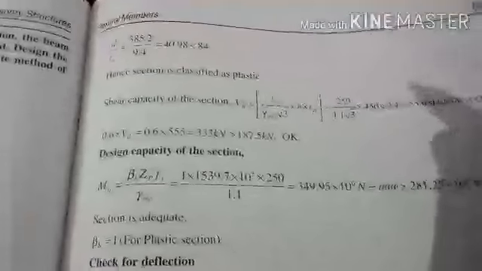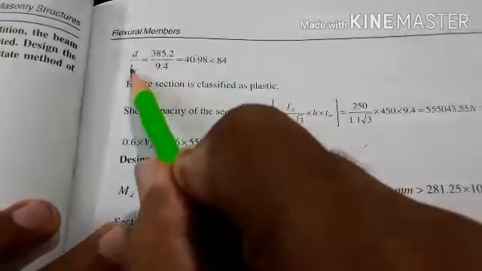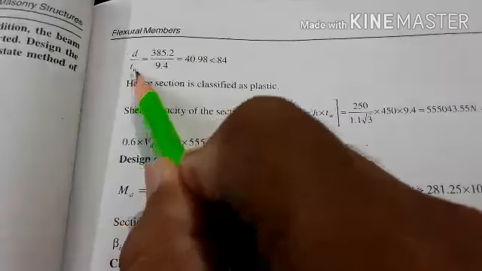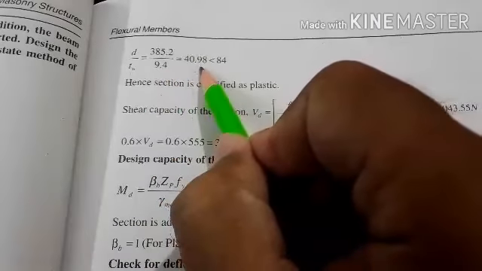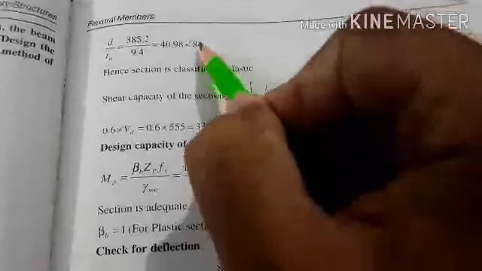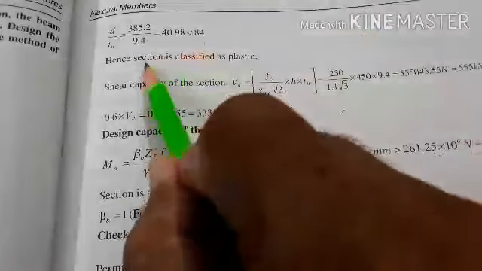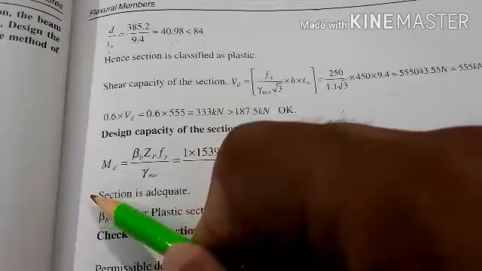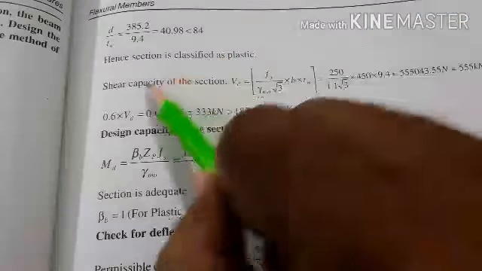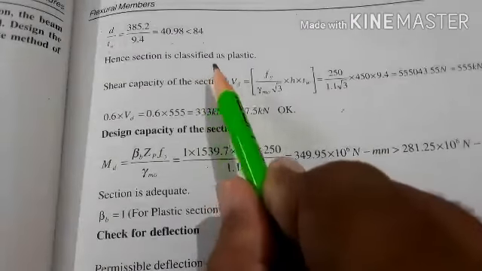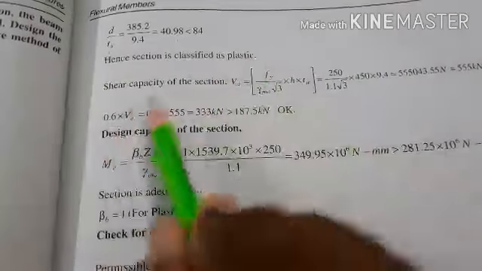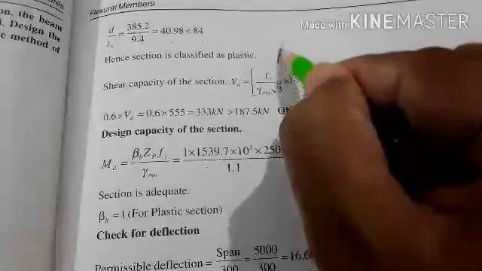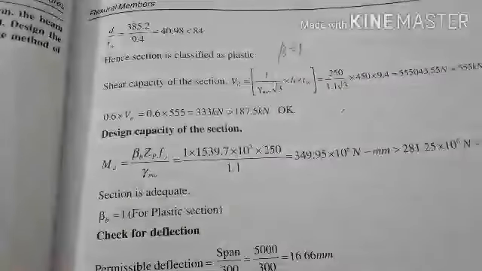Similarly, calculate the depth to thickness ratio for the web. Then we get 40.98, which is less than again 84, which represents the element is plastic. Since both the elements, that is the flange element as well as the web element, are plastic, hence the entire section is a plastic section. And for the plastic section, the value of beta will be 1.